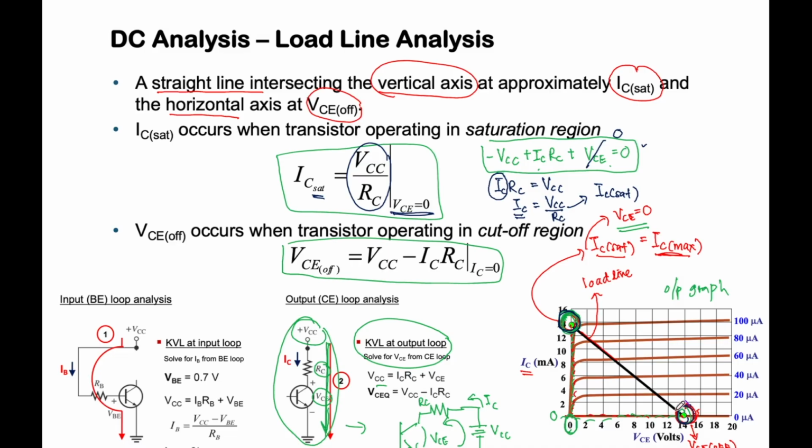For this intersect, our IC is equal to 0, so this whole term becomes 0. Therefore, your equation becomes VCE is equal to VCC. When your VCE is equal to VCC, we said that in this particular area, our VCE is off.